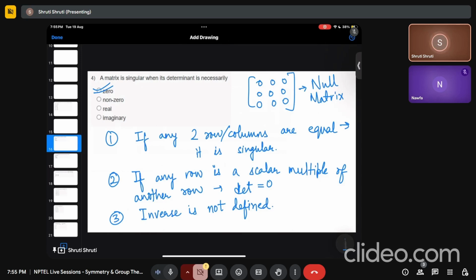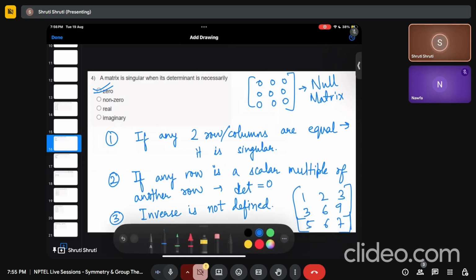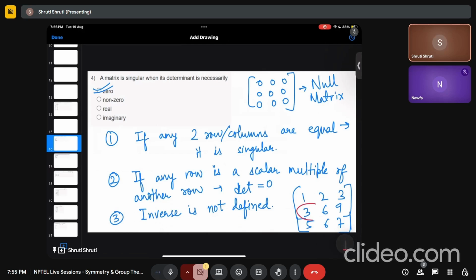And if any row is a scalar multiple, suppose you have 1 2 3, then you multiply it with 3 like this. It should have some other numbers here as well, it should be square. What you can do is take out a common multiple from this row.